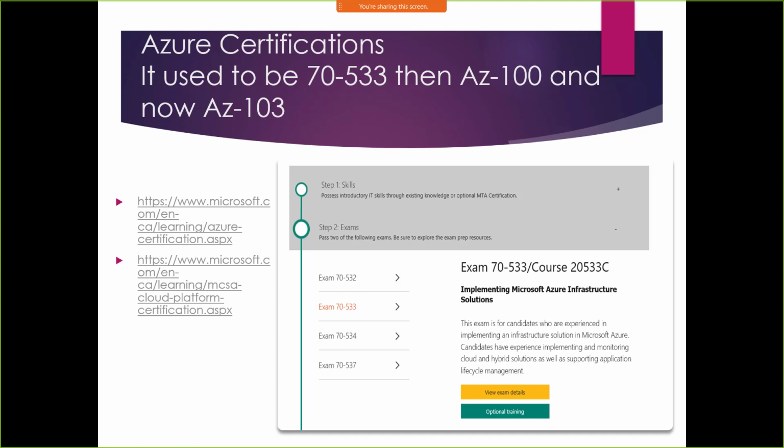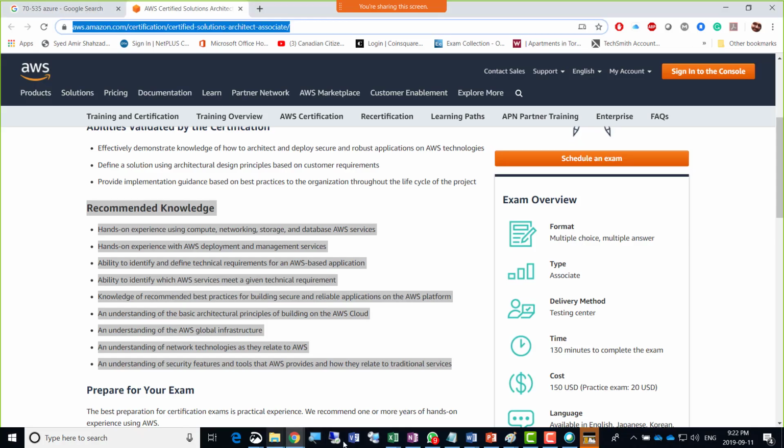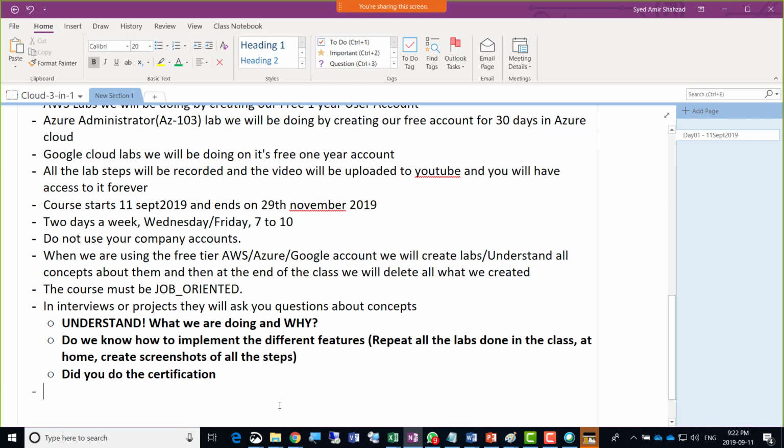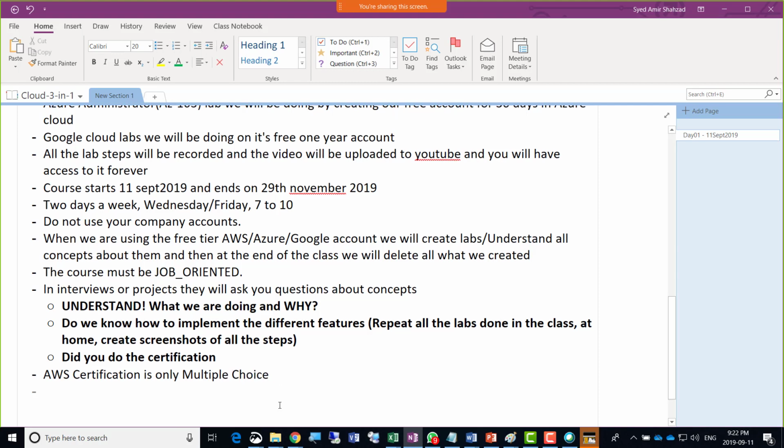The AWS exam is just multiple choice, while the Azure certification is multiple choice plus 14 labs.